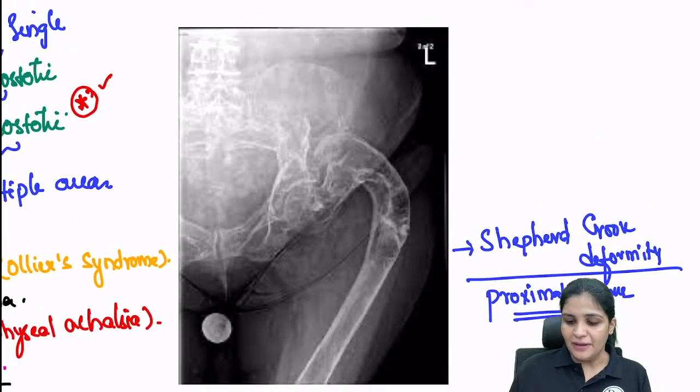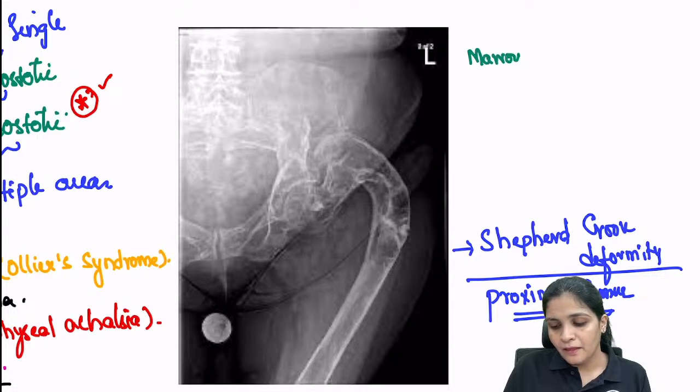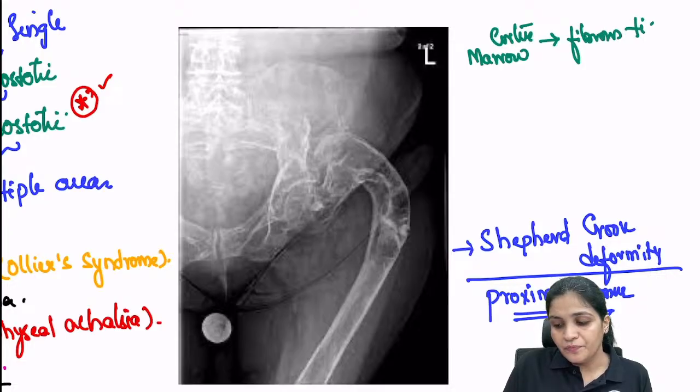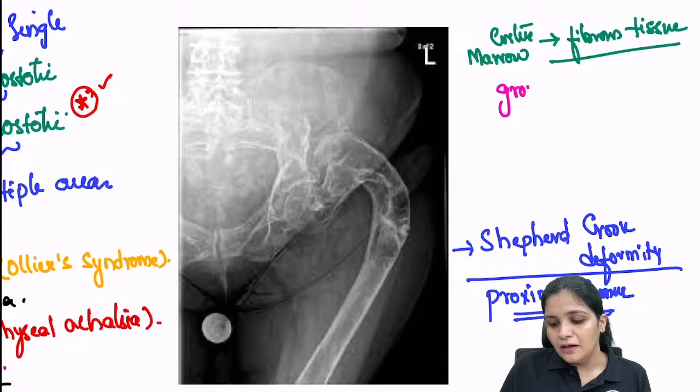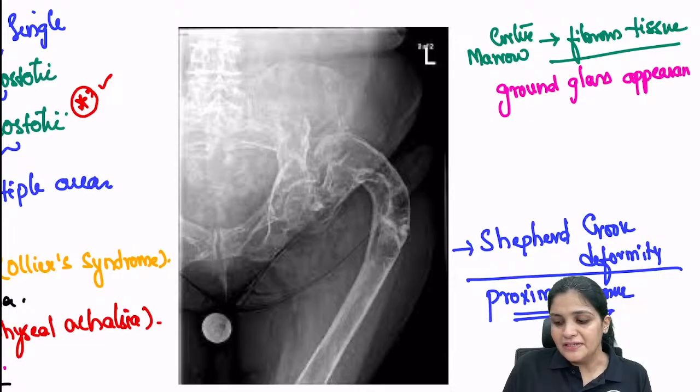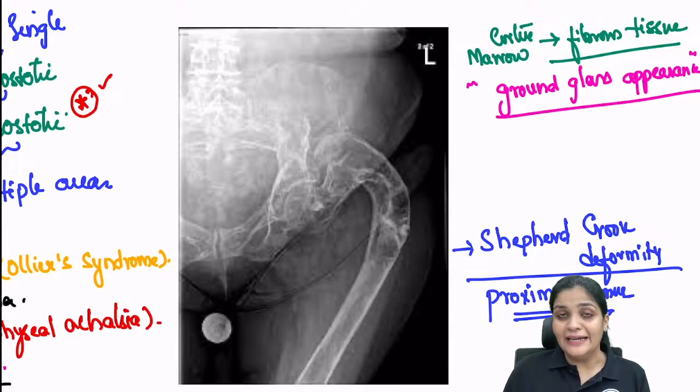So what is actually fibrous dysplasia? Whenever the marrow and cortex are replaced by fibrous tissue, this fibrous tissue appears as a ground glass appearance on the X-ray, and not to forget, in biopsy.